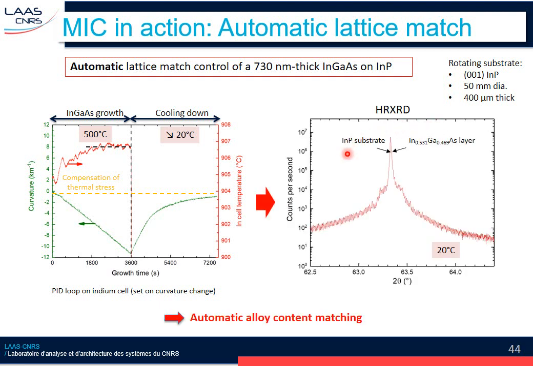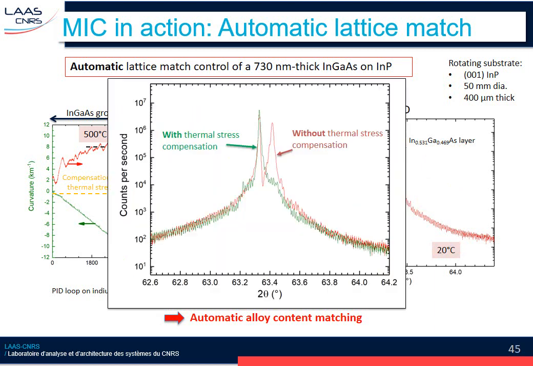If you look now at the X-ray diffraction pattern of this growth, the peak of the indium phosphide is at the same position as the one of the indium gallium arsenide at room temperature. So we could match the indium gallium arsenide layer to the substrate by compensating the thermal stress.